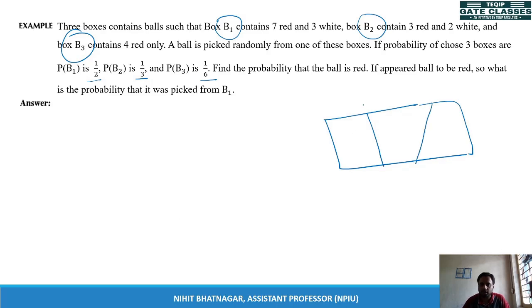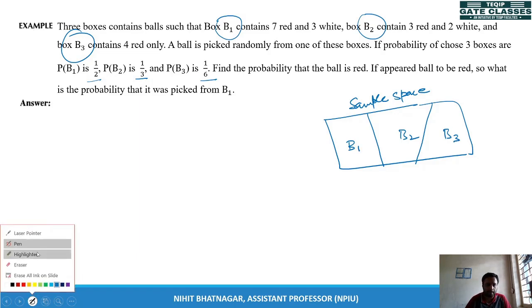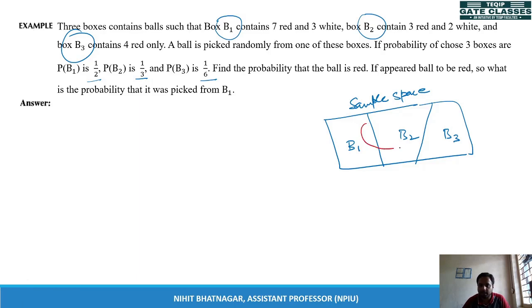This is the complete sample space. This is box B1, this is box B2, and this is box B3. Let's say this is the event of getting a red ball.